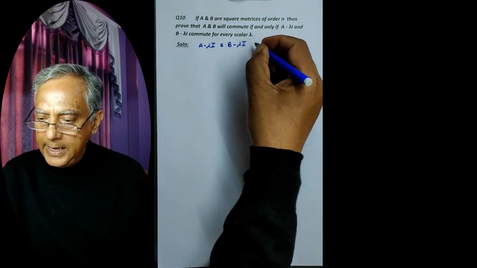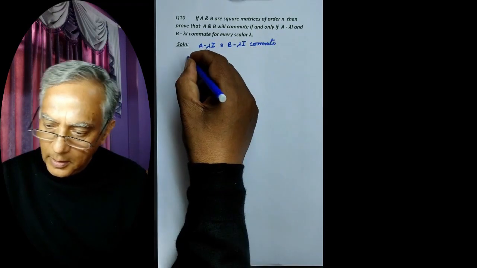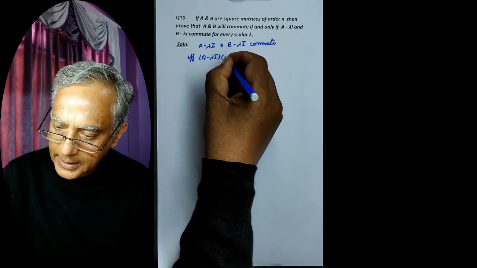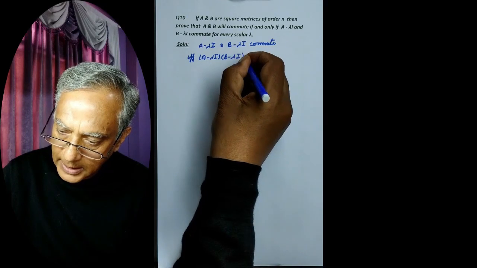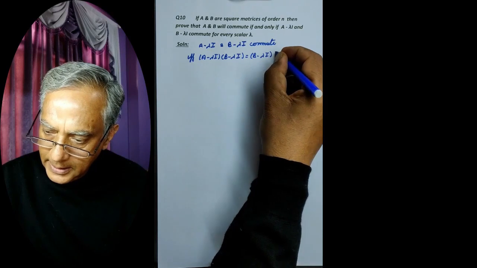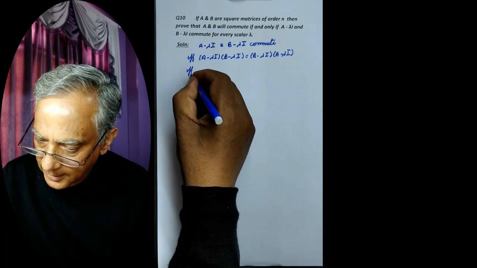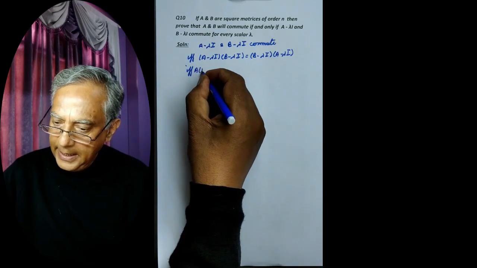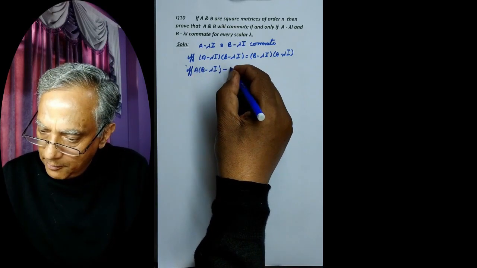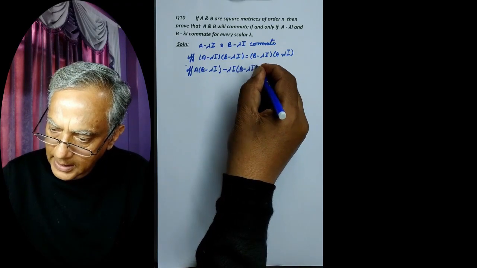Now A minus lambda I and B minus lambda I commute if and only if A minus lambda I into B minus lambda I is equal to B minus lambda I into A minus lambda I. If and only if A into B minus lambda I minus lambda I into B minus lambda I.